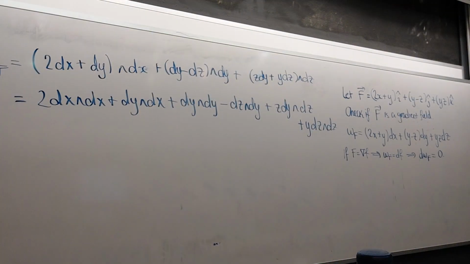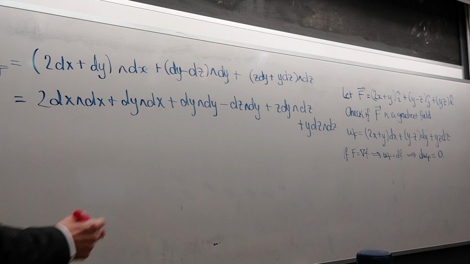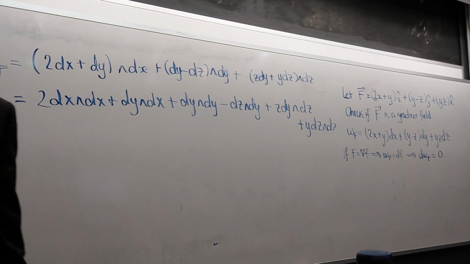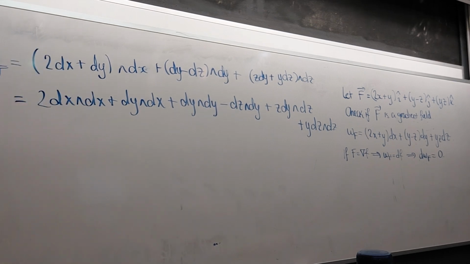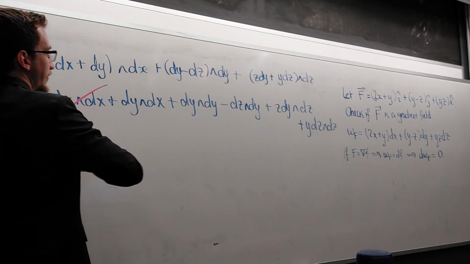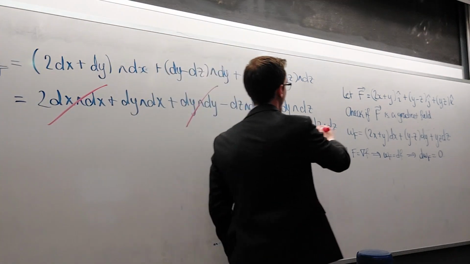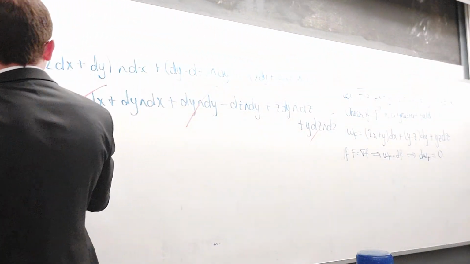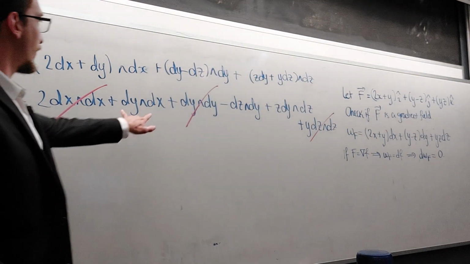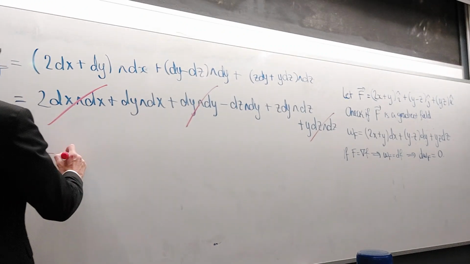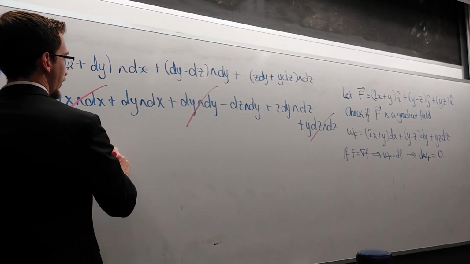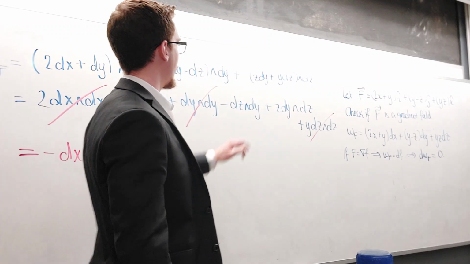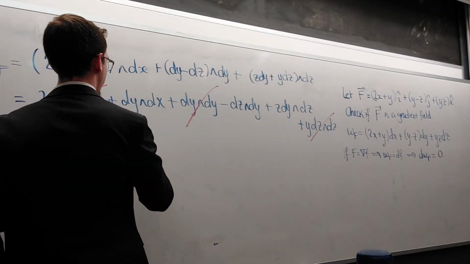Yeah. Now what? Nilpotence. Kill this, kill that, kill that. What remains? I'll write this as minus dx wedge dy. I'll write this as dy wedge dz.